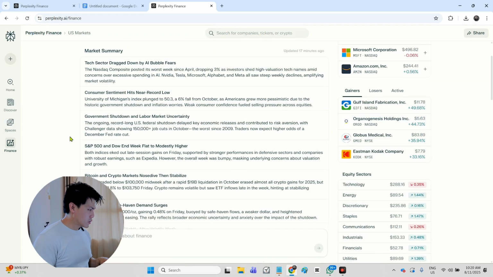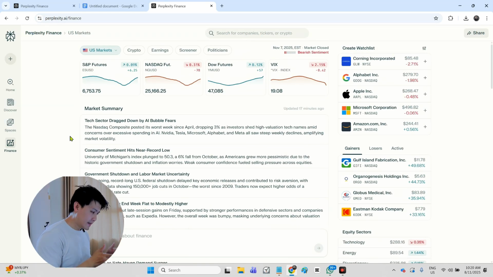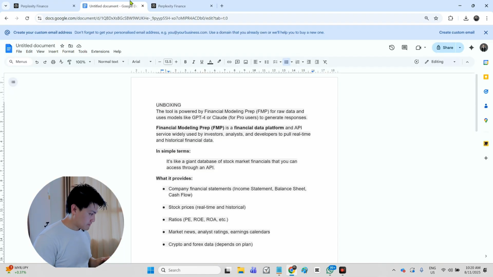So what is the difference between Perplexity Finance and other GPTs? I have done a little bit of research. The tool is powered by Financial Modeling Prep (FMP) for raw data and uses models like GPT-4 or Claude to generate responses. Financial Modeling Prep is a financial data platform and API service widely used by investors, analysts, and also developers to pull real-time and historical financial data.